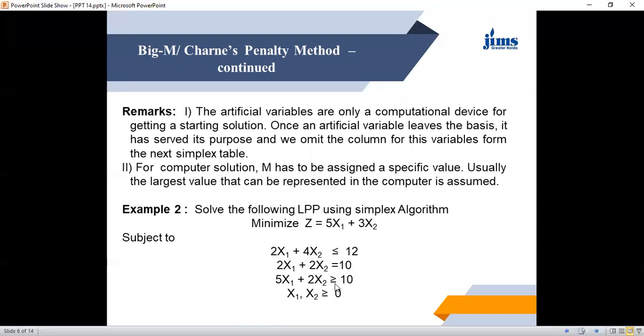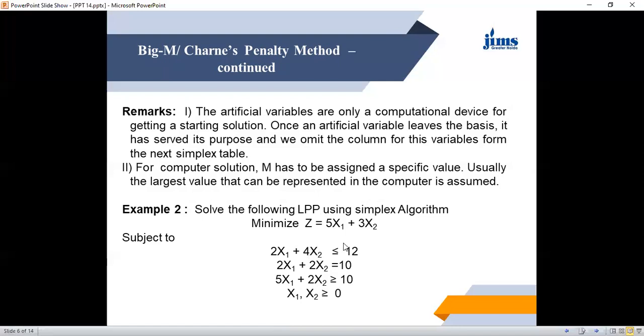But you might be remembering now that before applying the simplex technique, we examine that at least two conditions must be satisfied. These conditions are: all the values on the right hand side of the constraint equations must be positive or 0.